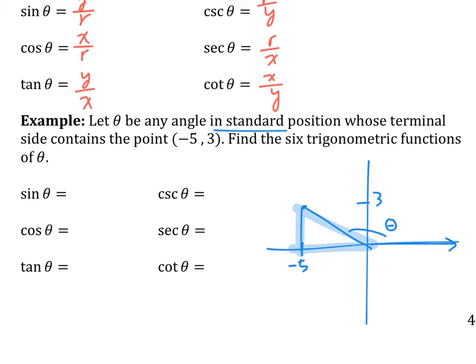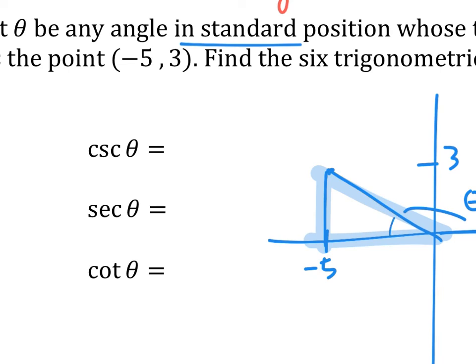Long story short, whatever the angle is, it really doesn't matter. You just need to draw a right triangle from the point straight down to the x-axis. If you just evaluate that triangle, you will always get the right answer. Okay? All right. So we're going to ignore that angle there. I'm going to write another angle here, and I'm going to put a prime just so that we're saying it's not the same angle, but it's related.